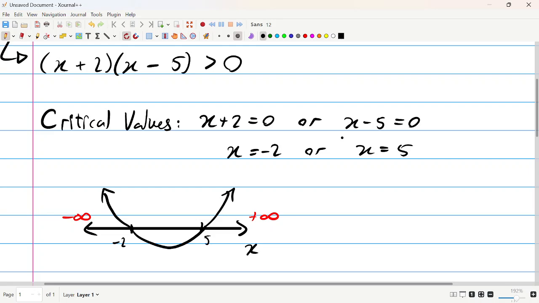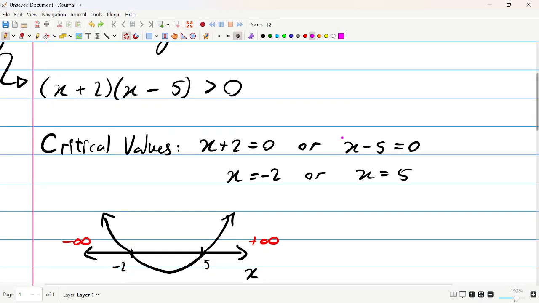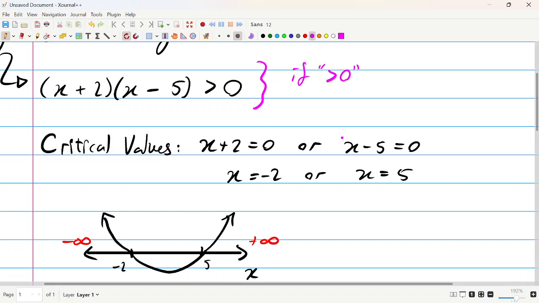Now that we did all of this, in order to find out the actual answer, we need to look at our inequality. When the inequality, and I'm going to write it down here, right? If it is greater than 0, then what are we going to have as an answer?